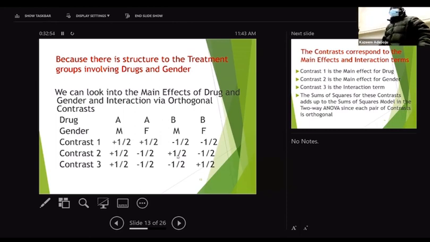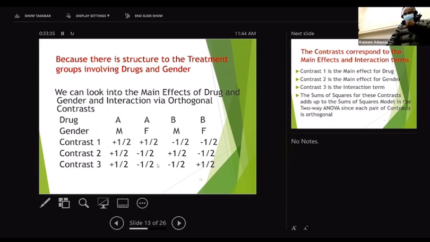What am I testing? Because I put plus half and plus half on male, and I put minus half and minus half on female, I'm only testing whether there's a significant difference between the levels of gender. In terms of the drug, is there any significant difference when I use the two drugs A, B on male, and I use them on female? Is there any difference between them? That is what contrast two is talking about.